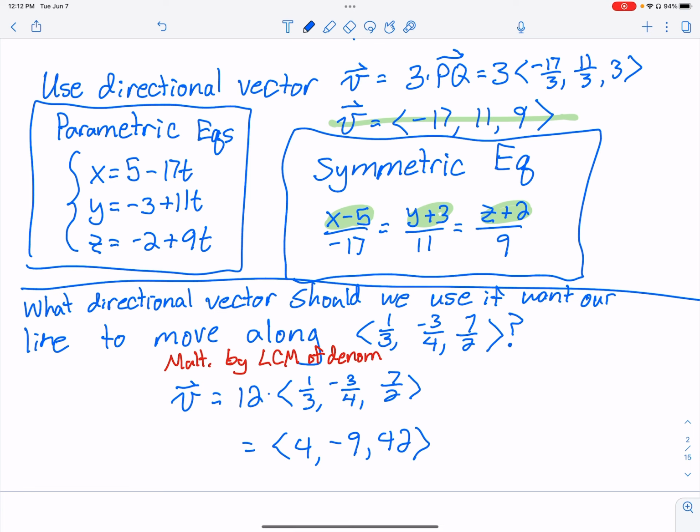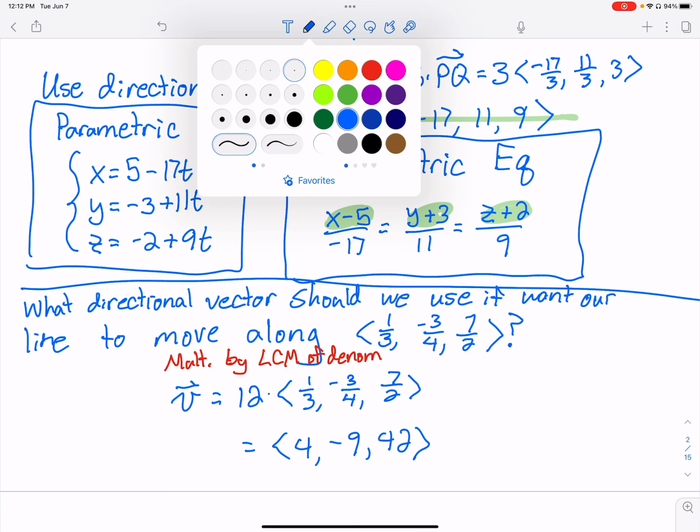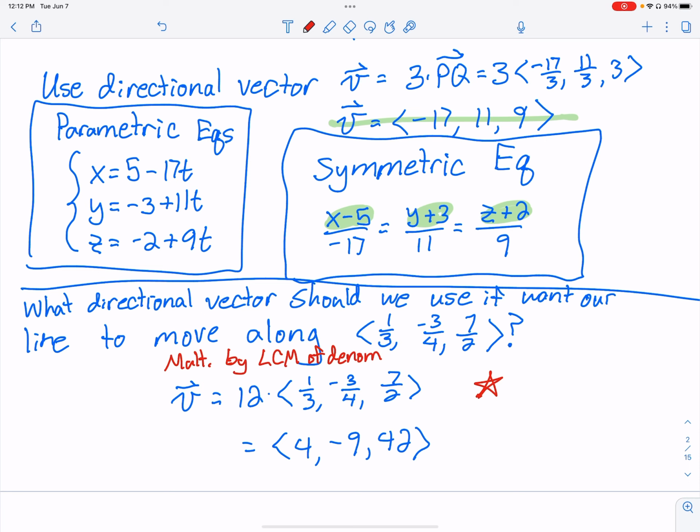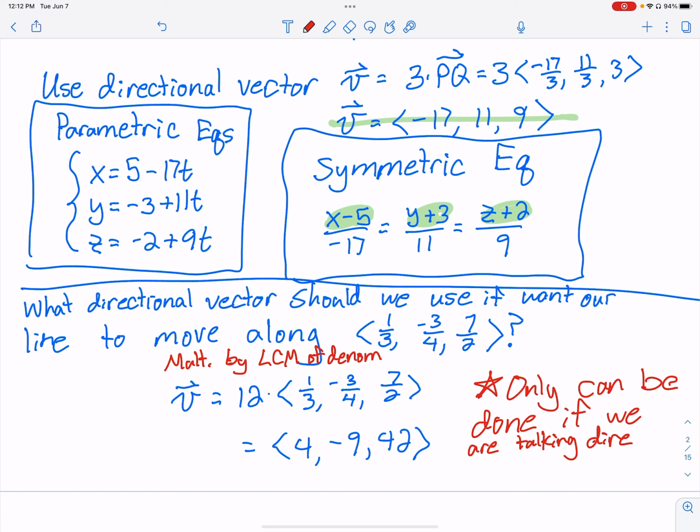All pretty numbers. This can only be done, I'm going to put a star here, if we are talking direction, not distance.